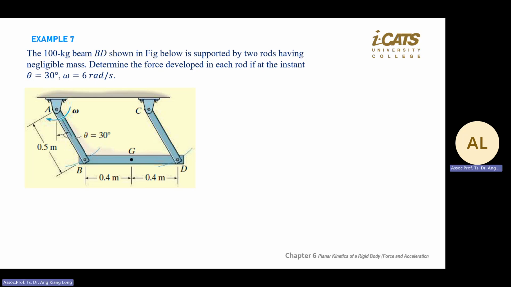You should always imagine yourself as that member when you draw the free body diagram. So if you are BD having mass, there's a mass there. Mass always converts to W and always goes through the center of mass. So we have W equals mg, and this is BD.